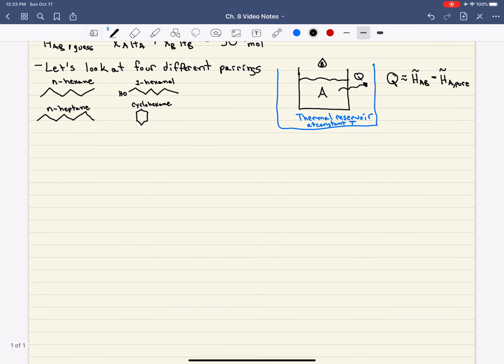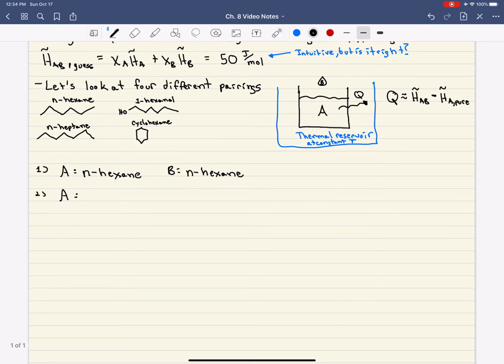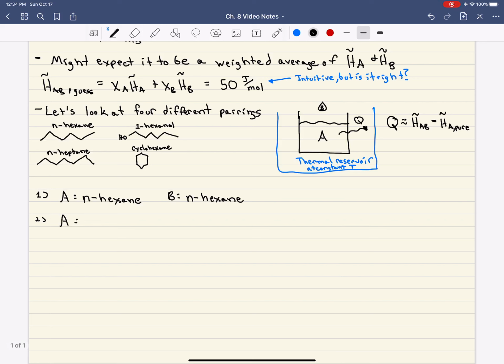And so we're going to look at 4 different pairings for our mixtures. Okay? For the first pairing, substance A is going to be N-hexane, and substance B is also going to be N-hexane. Right? So we're just adding the same chemical to itself. Right? That's the basic idea. That would be the first pairing.